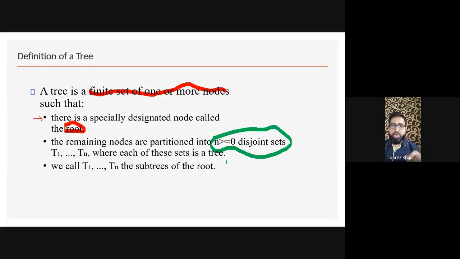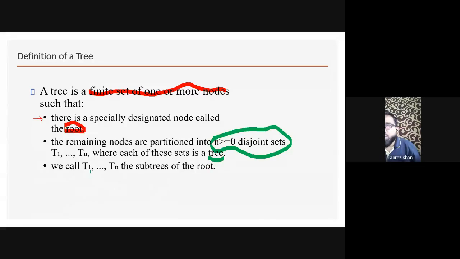So the remaining nodes are partitioned into n greater than or equals to 0 disjoint sets T1, T2, T3, T4 up to Tn such that each of these sets is a tree.